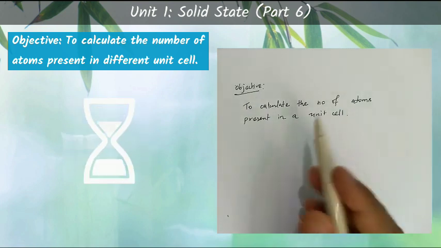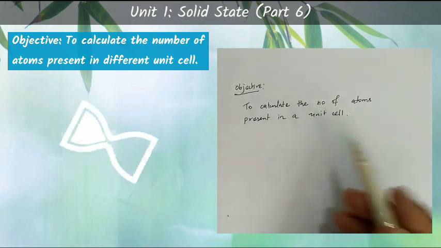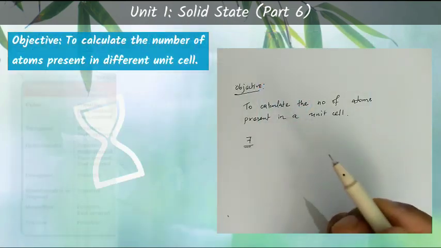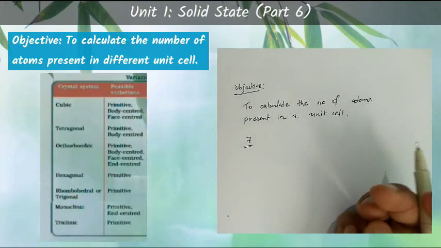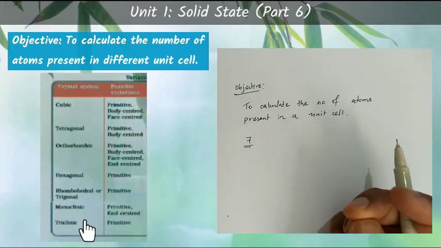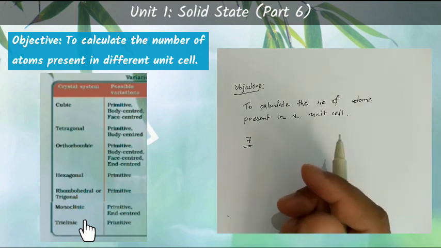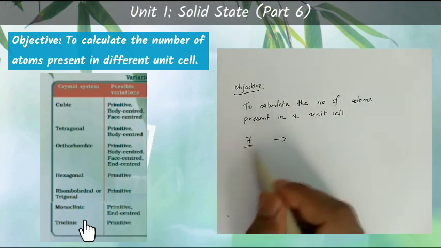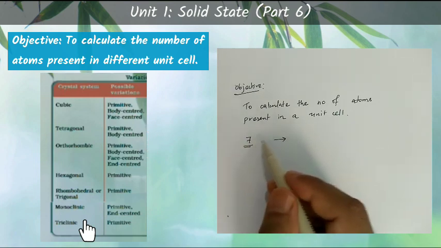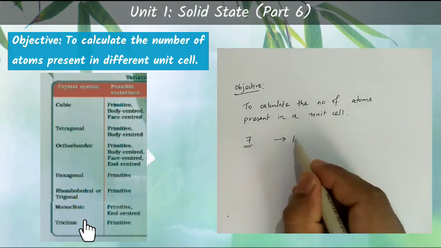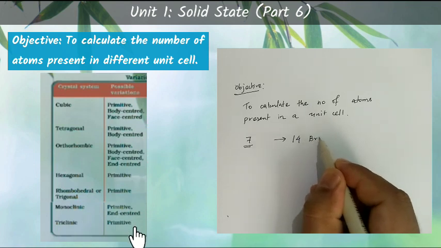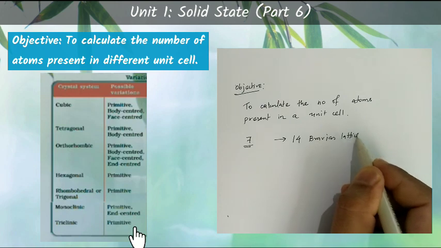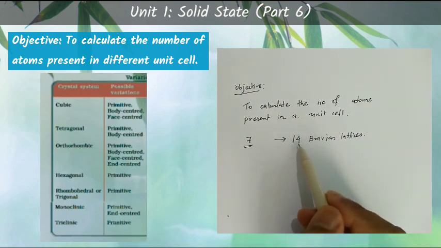From the previous classes we have some idea that a total of 7 crystal systems are there, no? Which are cubic, orthorhombic, monoclinic, tetragonal, and so on. Again, in these 7 crystal systems, how many Bravais lattices are there? A total of 14 Bravais lattices are present.